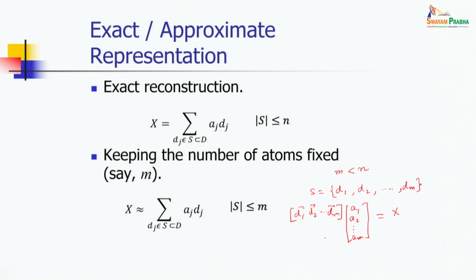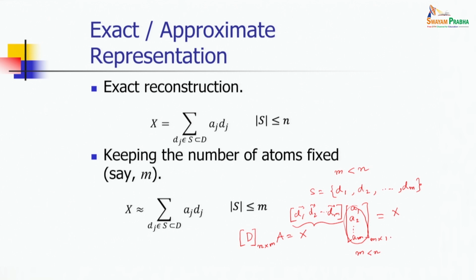Now given these atoms, this matrix is of size n cross m, and this is m cross 1. This is the equation you get, and here you can see that the number of unknowns, A1, A2 to Am, is m, which is less than the number of equations.